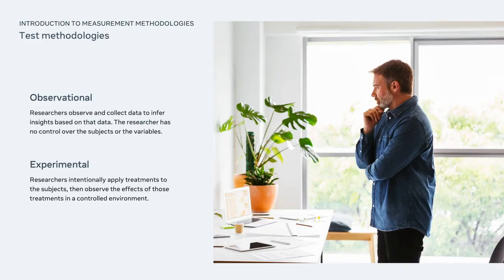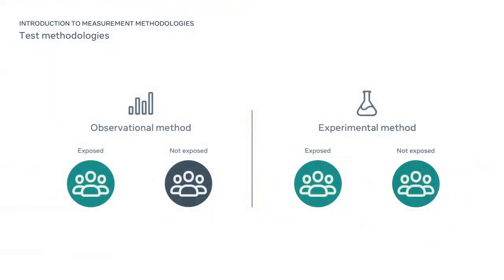Alternatively, when researchers intentionally apply treatments to subjects in a controlled environment and then observe the effects of those treatments, these are experimental methods. Both methods compare exposed and unexposed groups, but in observational methods, there is no guarantee that the groups are equal on all attributes. In experimental methods, groups are typically equal on all attributes, not just ads.